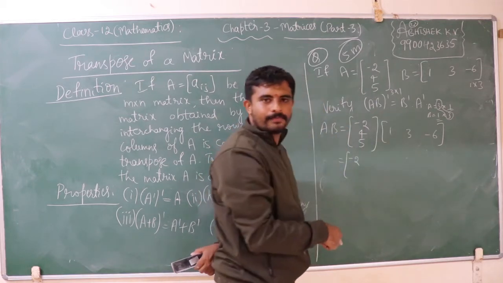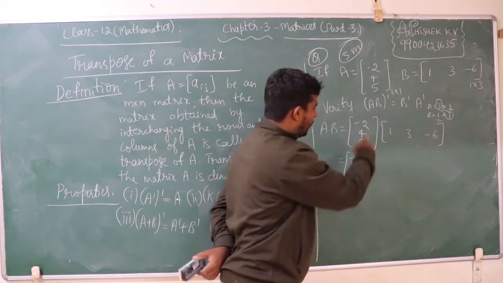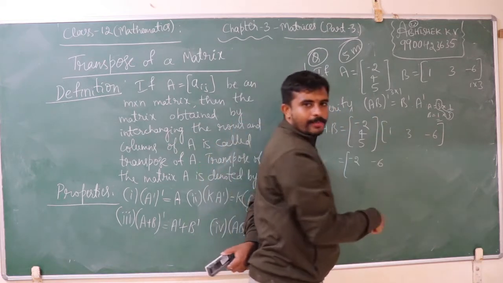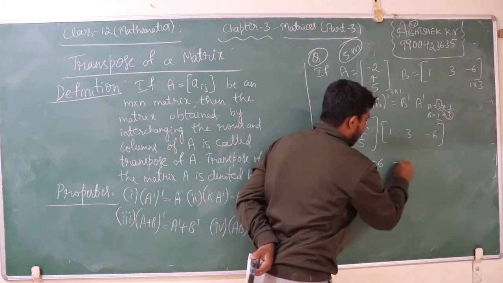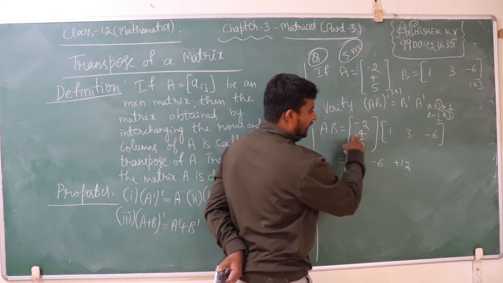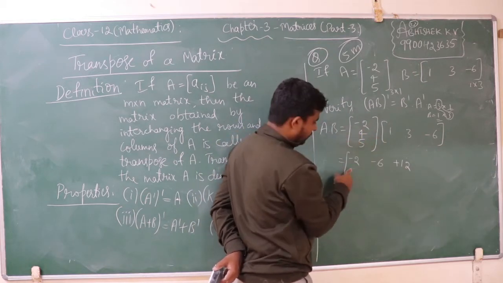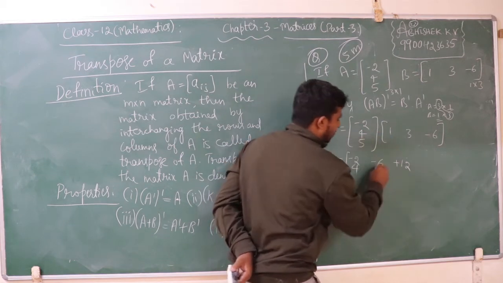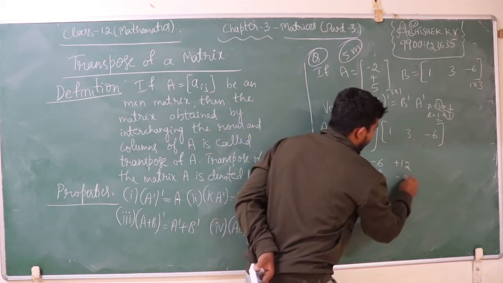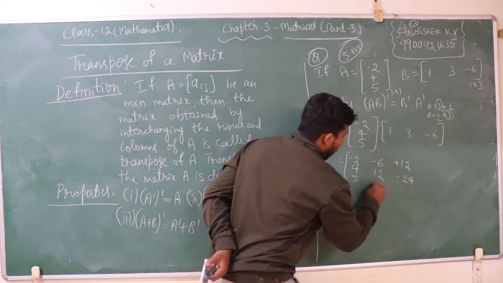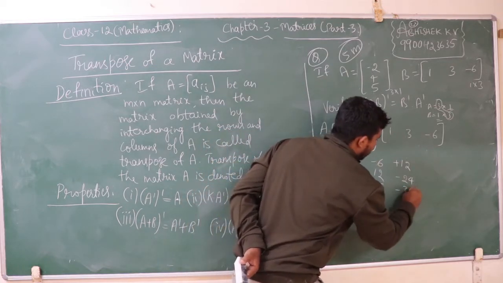A12, first row, second column: -2 into 3, -6. A13, first row, third column: minus into minus plus, 6 2s are 12. Again, A21, second row: 4 into 1, 4; 4 3s are 12; 4 6s are -24. Again, 5 1s are 5, 5 3s are 15, 5 6s are -30.